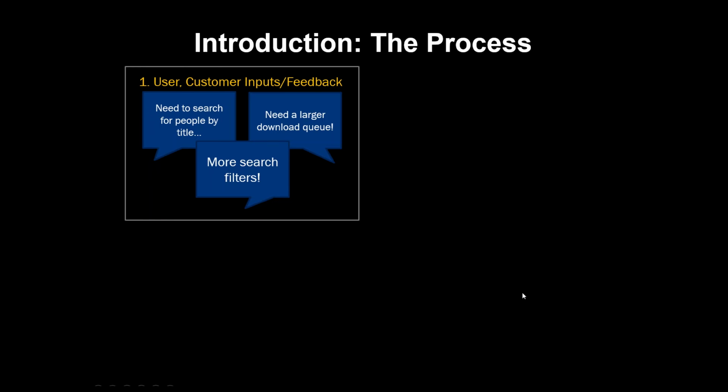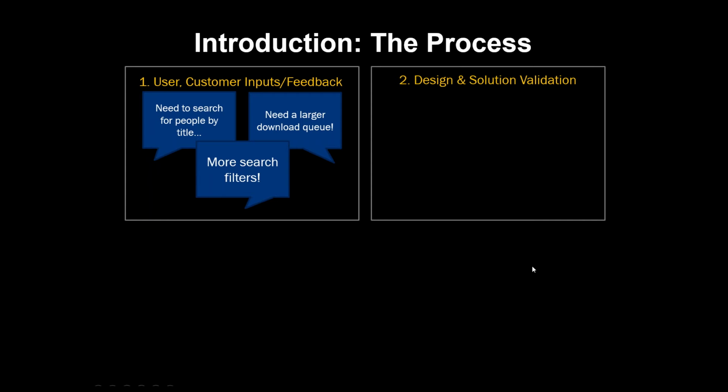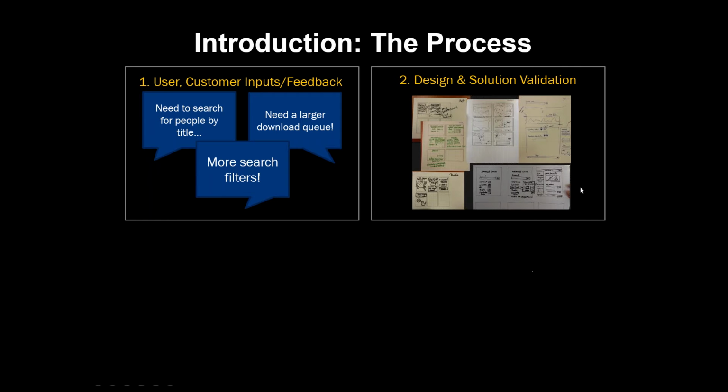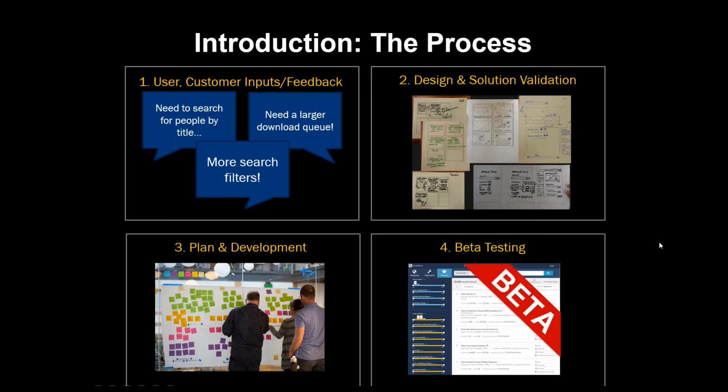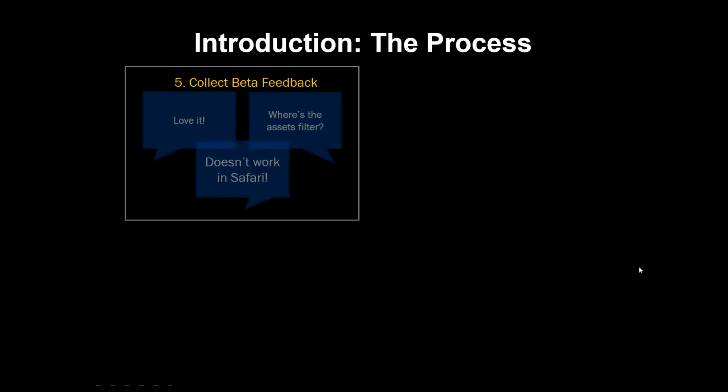The first thing is always user and customer inputs and feedback, such as these here, that lead us down the path to design, and then validating the solution with a subset of our users and subscribers. We then plan and develop the new feature, in this case search, and then we do some extensive beta testing, which we also had done for the new search experience.